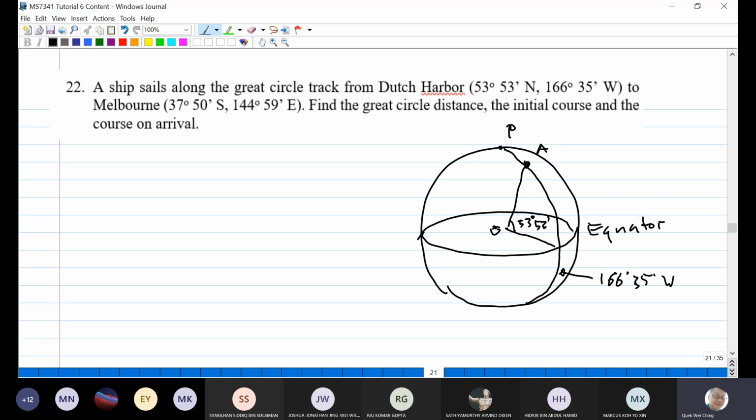So this is Dutch Harbor, A. And there is another point, Melbourne, 37 degrees 50 minutes south, and 144 degrees 59 minutes east.